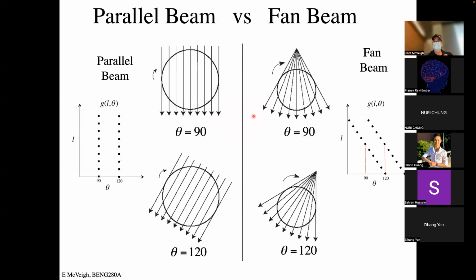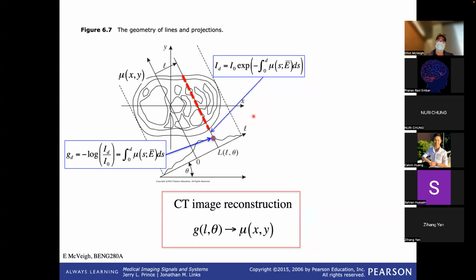So the first thing we're going to do, which we've avoided thus far in talking about it, is look at the math on this page. All of the L values just give you parallel lines through the object. As I change L, it just moves me along to a new parallel line through the object at that theta projection. So really the geometry of the data I want is parallel lines of X-ray beams through the patient.